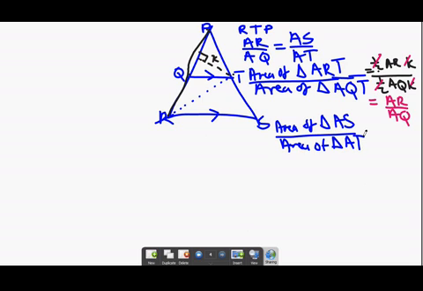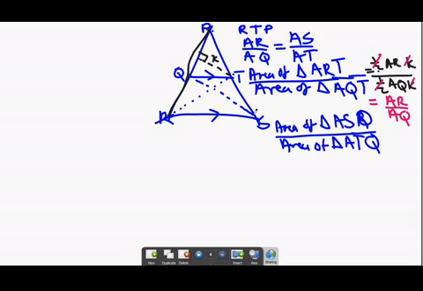AS will make a triangle with R, so we're going to add R there. AS will make a triangle with Q there. And AT will also make a triangle with Q. Can you see that? So this will make our triangle for AS. Right.